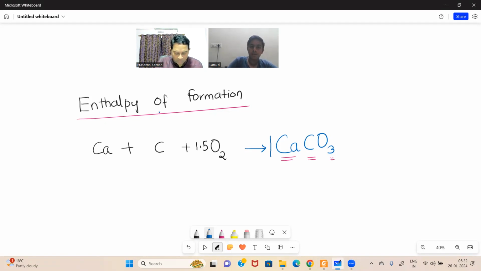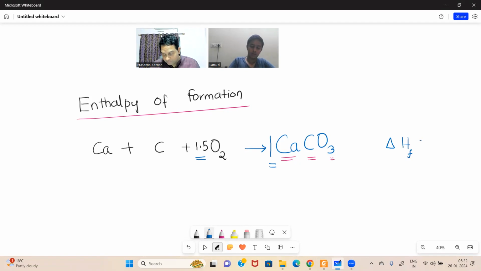Just because you're having a 1.5, multiplying it by 2 to get a whole number is not recommended, because then this will become 2 moles. So whatever be the change in the amount of heat, that is called enthalpy of formation.